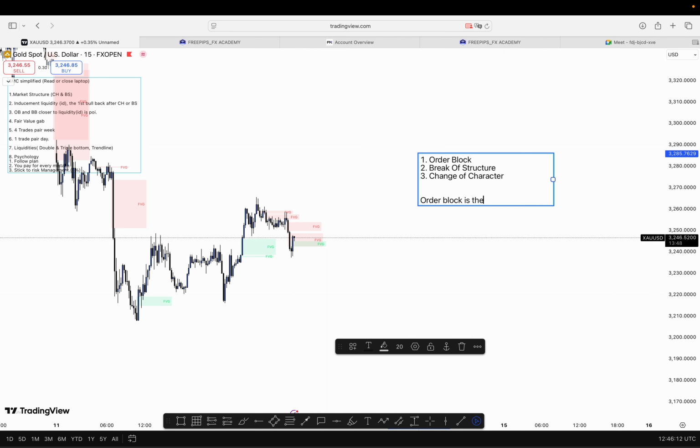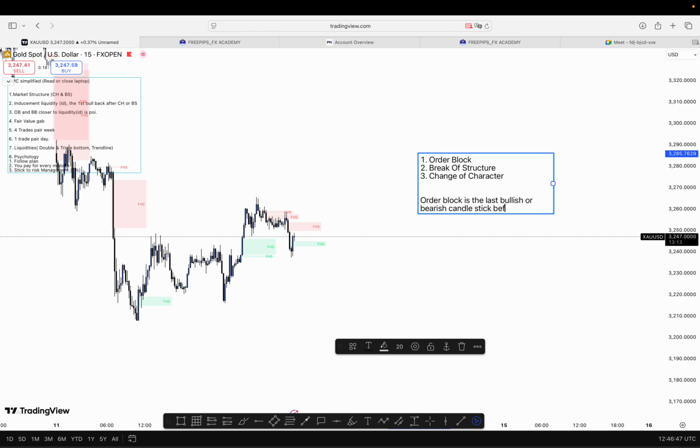Order block is the last bullish or bearish candlestick before a strong move.